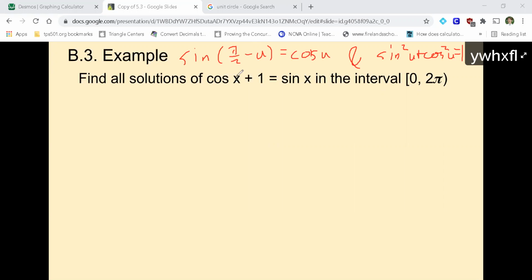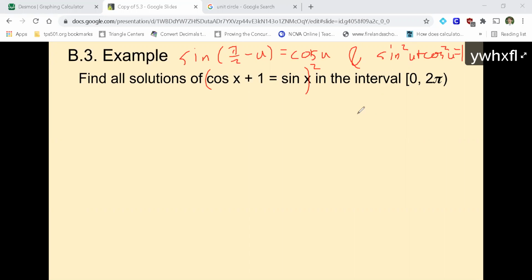I can't really use the cofunction identities to make these the same because neither of them has a pi over 2. But I could use the Pythagorean identity if I square this entire function to start with.